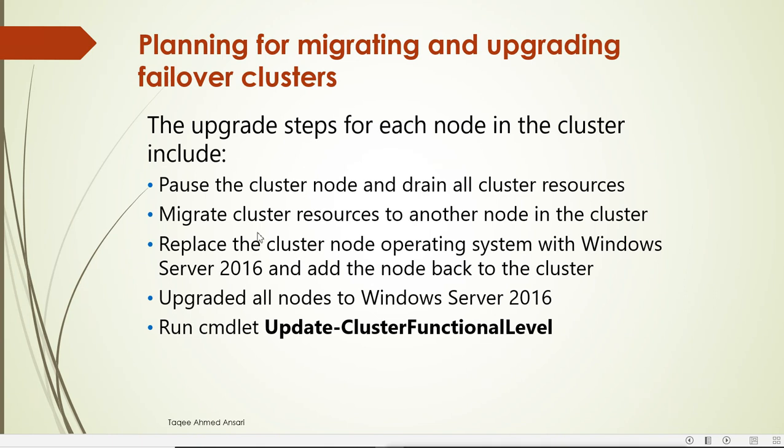First pause the cluster node, drain all the resources, and migrate the cluster resources to another node. We have to do it one by one. We move all the resources from one node to another server, then we upgrade that server, and then we get the services back to this server. Finally, when we have upgraded all the servers in the cluster, we run this command to update the cluster functional level.